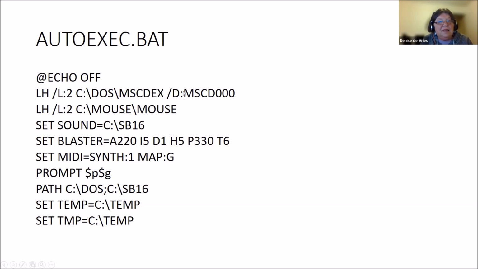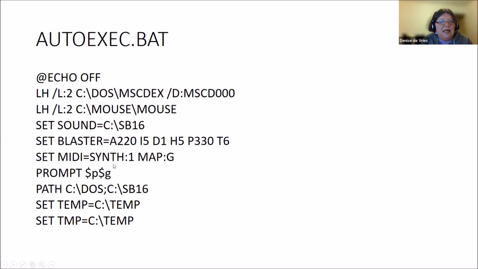This is a path name for the CD-ROM driver program file, and then we use the same definition of what we're calling a CD-ROM. Here we're also loading high into our region 2 of memory the mouse driver, it's in this path, and that's the name of the mouse program.